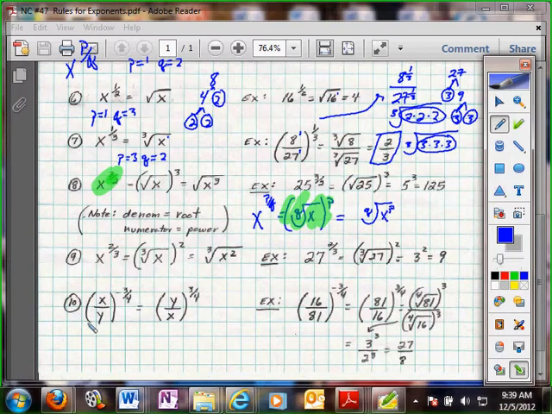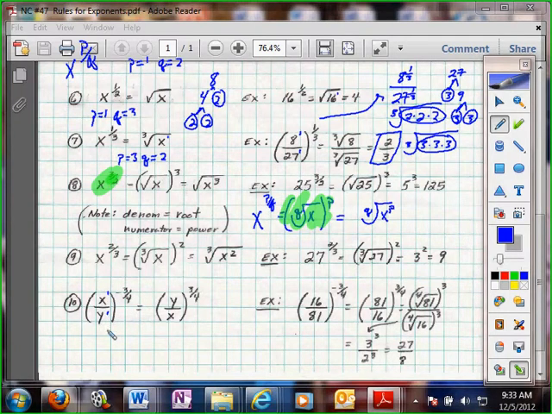Number 10, a couple of ways to look at it. Let's just look at it how it's written right here. Remember, if I have division inside and a power outside, I have to multiply this power to every power inside. Well, these powers are 1. So this could become x to the negative 3/4 over y to the negative 3/4, which would become y to the positive 3/4 over x to the positive 3/4, which becomes what I have here.